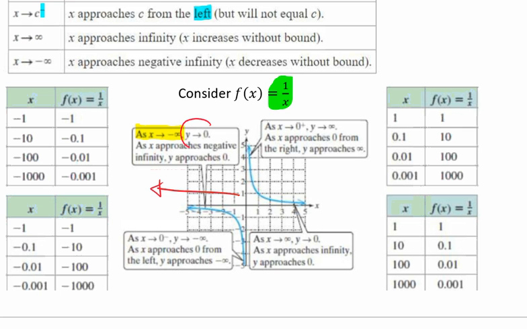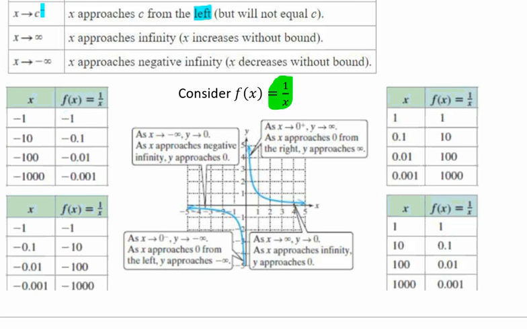We see that our y value is approaching 0. We can see that a little bit better as we look here. As x is getting closer and closer to negative infinity, our y value is getting smaller and smaller, closer and closer to 0.